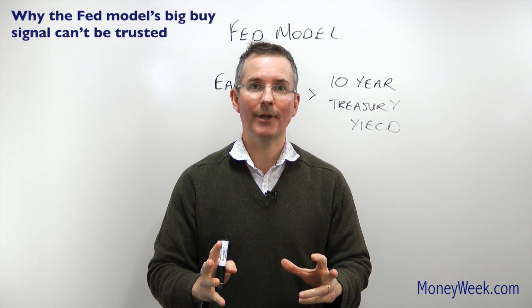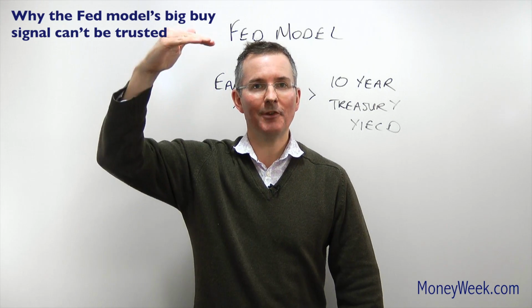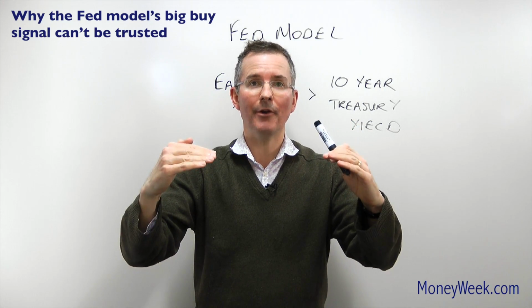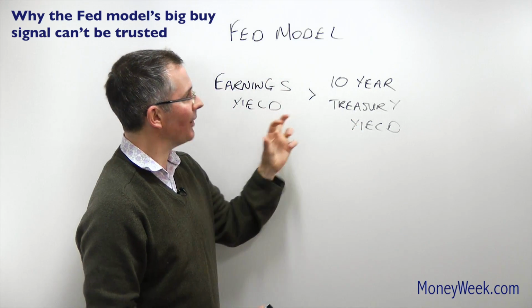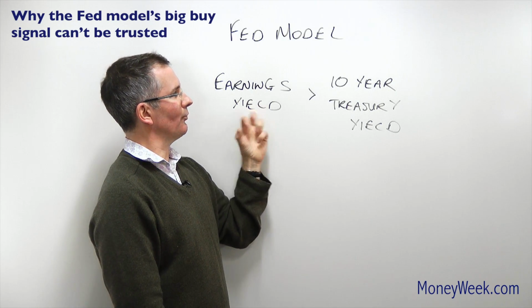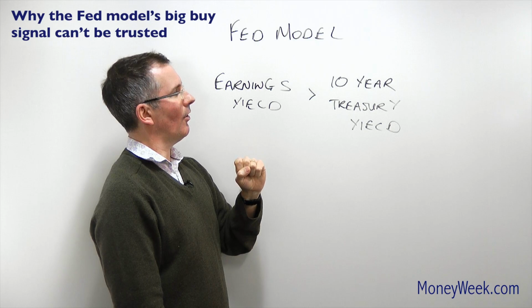That's the model, okay? But it translates, as you'll see in a moment, as if interest rates are falling, stock prices should rise and vice versa. That is the theory, pretty much in a nutshell. So what is the technical version saying? Earnings yield is just the price-earnings ratio flipped on its head.